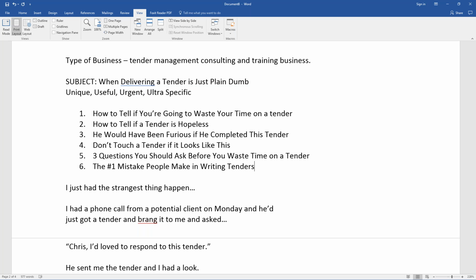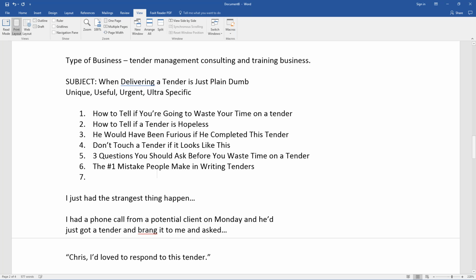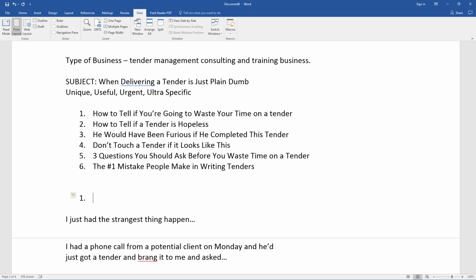There's a number of ways of approaching a subject line. If anyone wants to pop the type of business that they've got in here, I'll play around with some subject lines for your business. Let me have a look at some of the ones from earlier. We've got tender management, corporate trainers, brain-friendly training. Like this, you could tell a story, let's say, about mistakes that corporate trainers make: the number one worst mistake corporate trainers make before a talk.